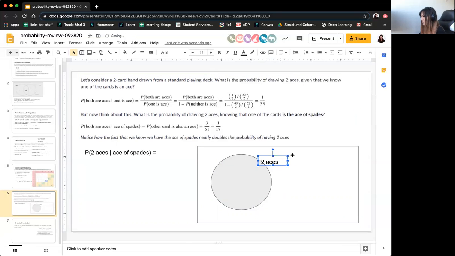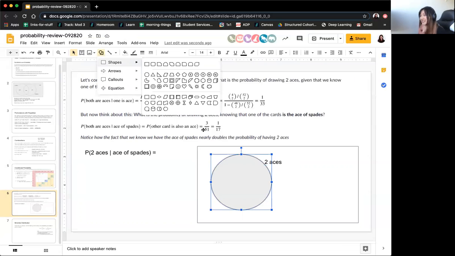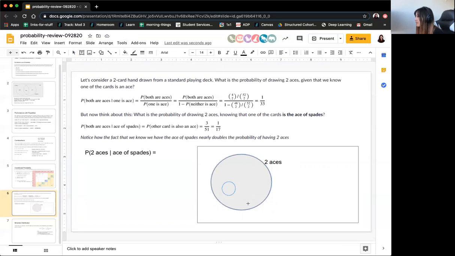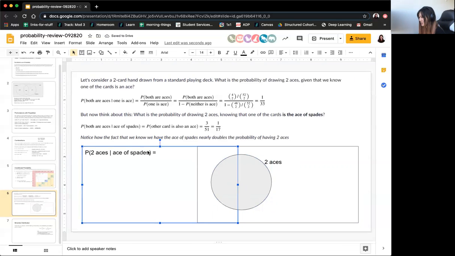So if you have 2 aces, what is the probability of getting an ace of spades? So having both our aces and ace of spades is actually a subset of this. I don't know if this is more helpful. I think let's stop with this Venn diagram thing. But anyways, I'm going to continue explaining this.